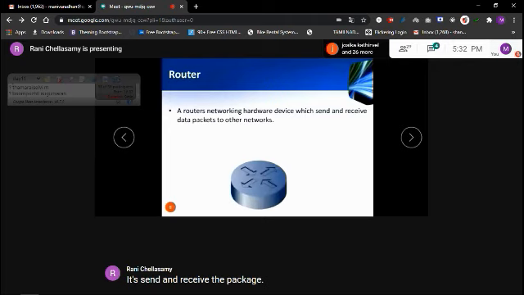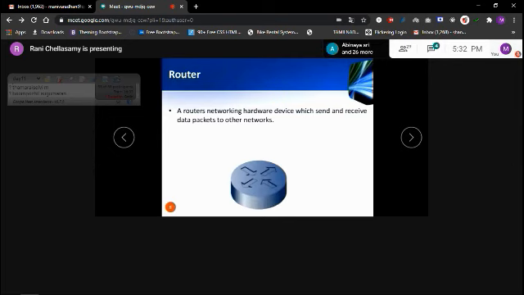Okay. So here you can see routing is to choose or select the best cost-effective path. Best cost-effective or optimal path that will be done by applying the routing algorithm on the particular router. Okay. So here you can see this diagram. In this you can see some numbers associated with each link.